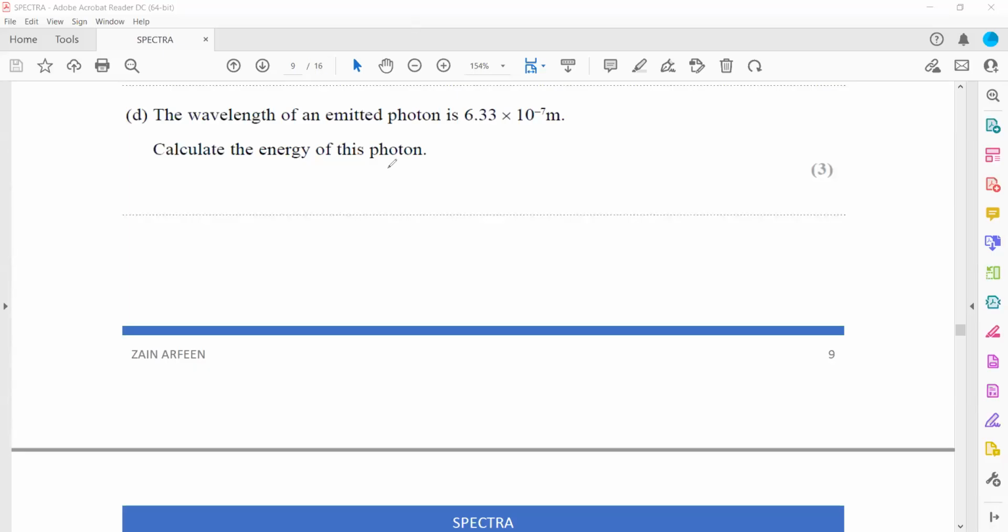So to get the energy, E equals hc over lambda. h is Planck's constant, 6.63 times 10 to the power minus 34, c is the speed of electromagnetic radiation, and lambda is the wavelength, 6.33 times 10 to the power minus 7.